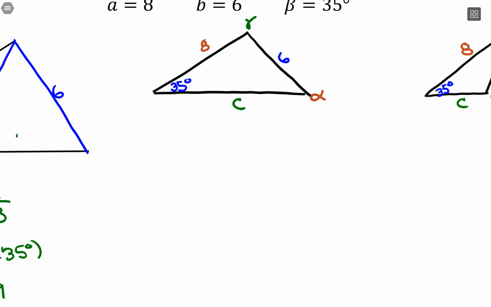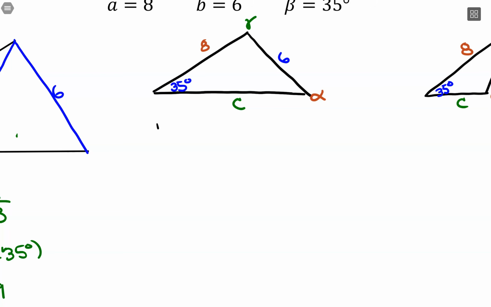So what I can use is that we have this angle measurement, we have this side length. So let's say I wanted to find this missing side length here. What I can do is set up law of cosines around 35 degrees. So what that would mean is I'm building it around beta.